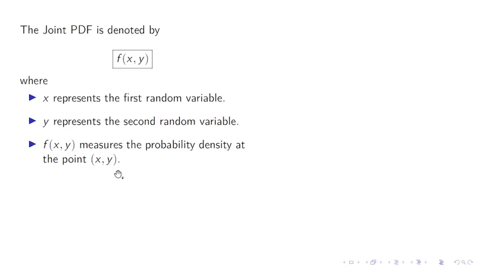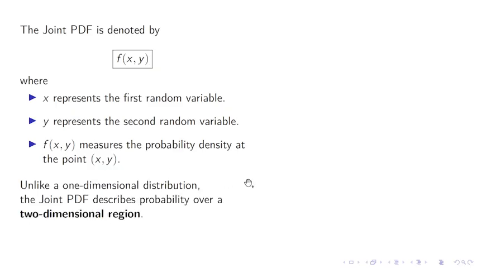This x comma y gives us the point, whereas f of xy gives us the measure of probability at that particular point. Unlike a one dimensional random variable, the joint PDF describes probability over a two-dimensional region.